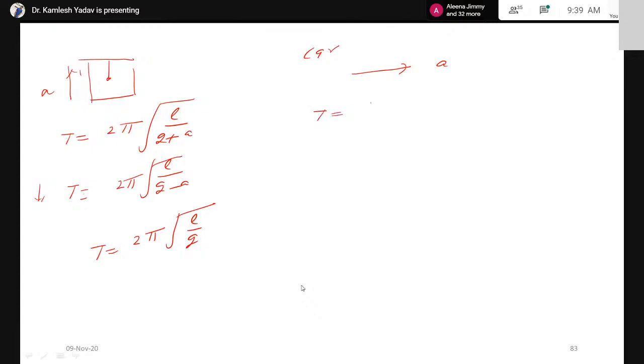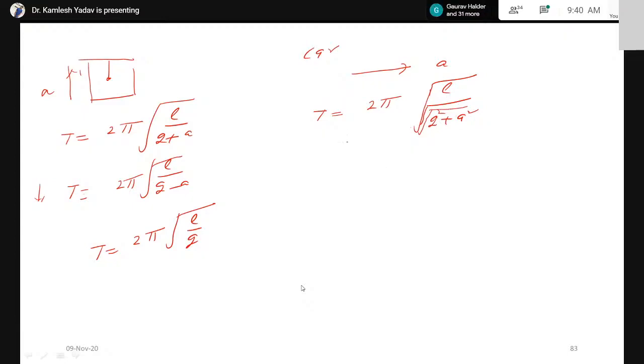In that case, the time period will be equal to 2 pi root of L upon the root of (g square plus a square).